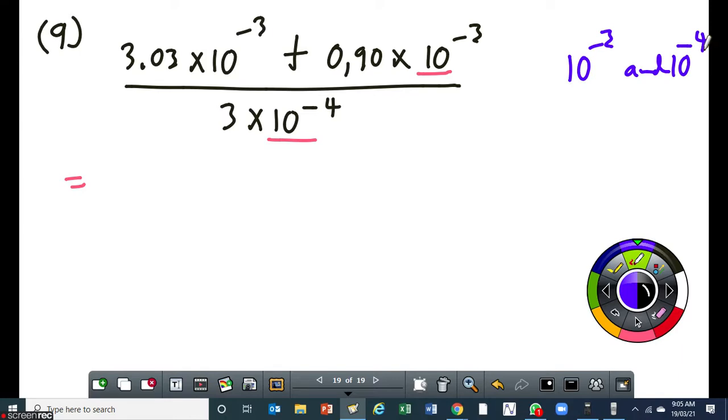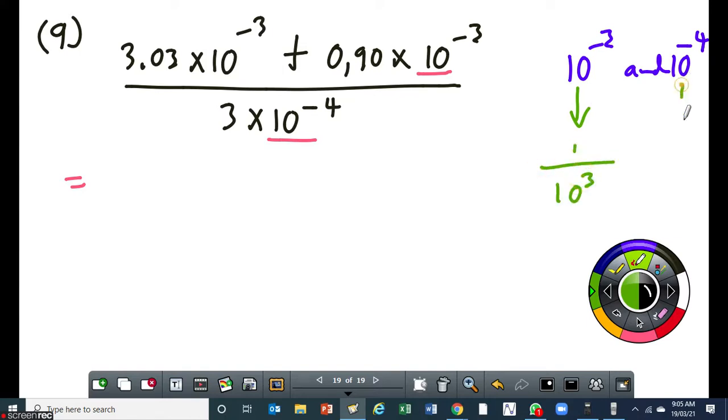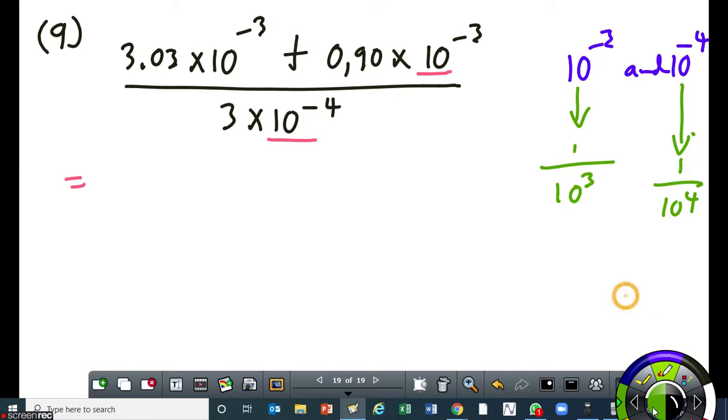I hope you all have calculators in front of you. 10 to the power of minus 3 is the same as 1 over 10 to the power of 3, and 10 to the power of minus 4 is the same as 1 over 10 to the power of 4. That is 1 over 1,000 and 1 over 10,000.